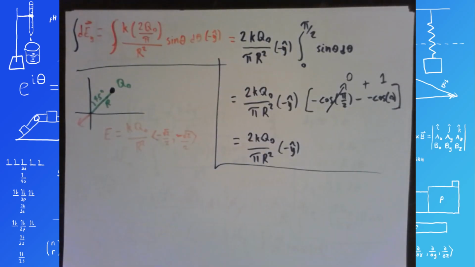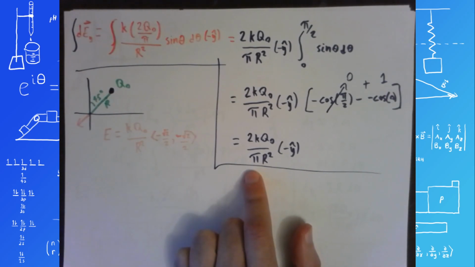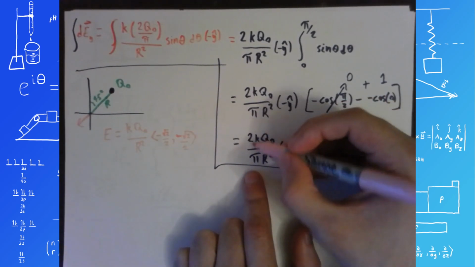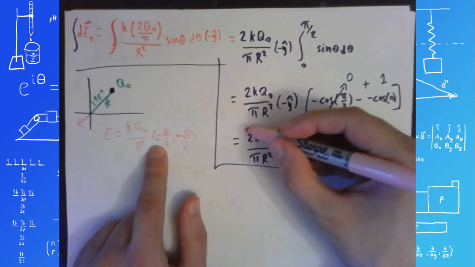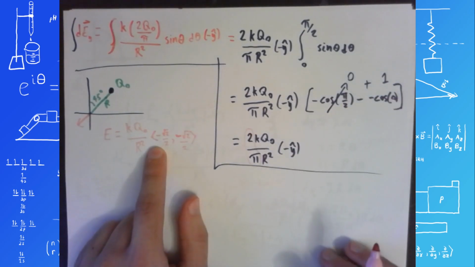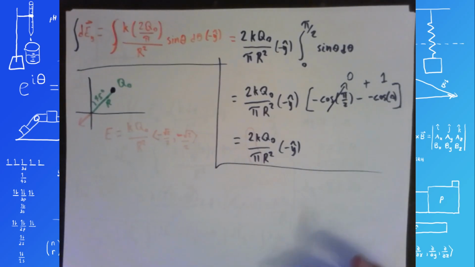And that's definitely not what we have for the x and y components of the electric field due to the arc. The electric field due to the arc, instead of root 2 over 2, we've got 2 over pi. Yeah, 2 over pi. Not root 2 over 2. So I think it's immediately apparent that they're not the same.